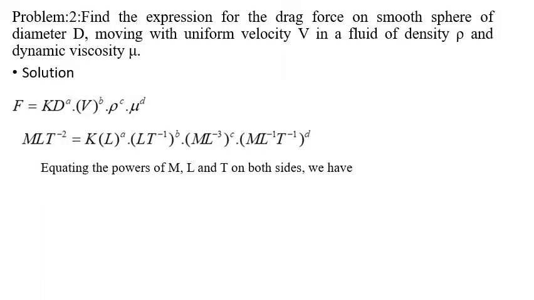Now equate the powers of M, L and T on both sides of the equation. First the powers of M: on the left hand side the power of M is 1, and on the right hand side you get c and d. That is, 1 equals c plus d.